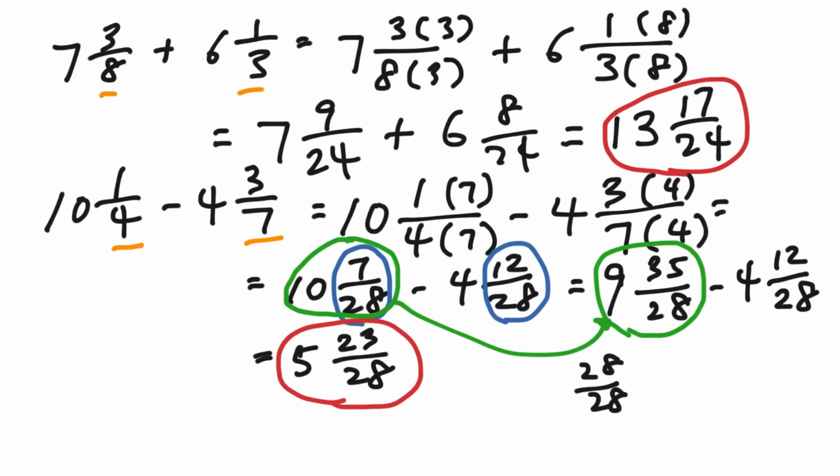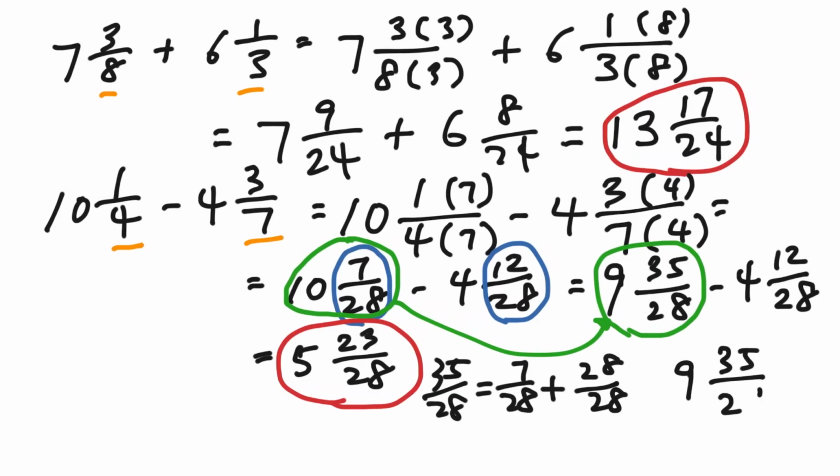If we were to take away 1 from the 10, that would equal 9. And the 28 plus the 7/28 that was originally here would become 35/28. So that's why it became 35/28.